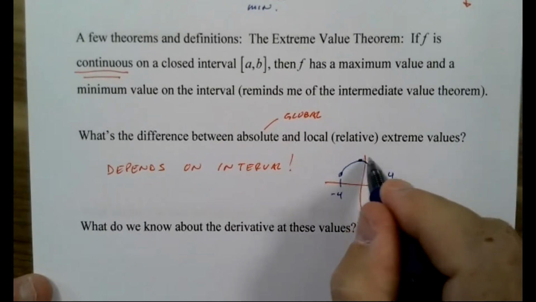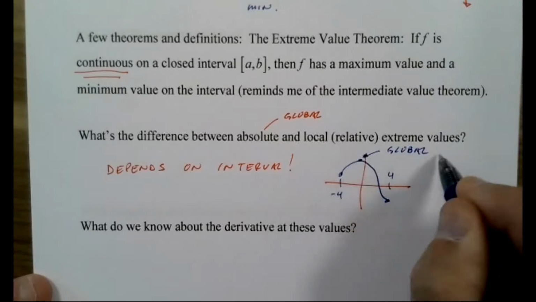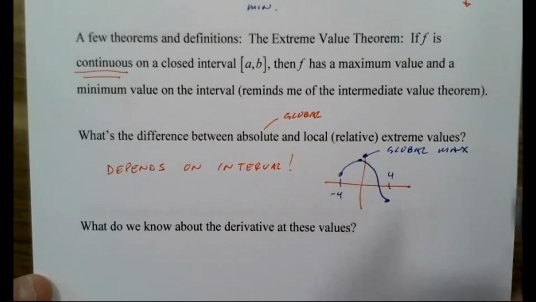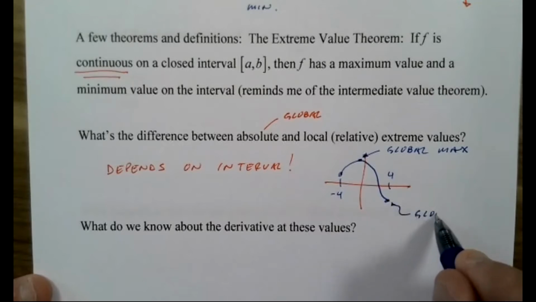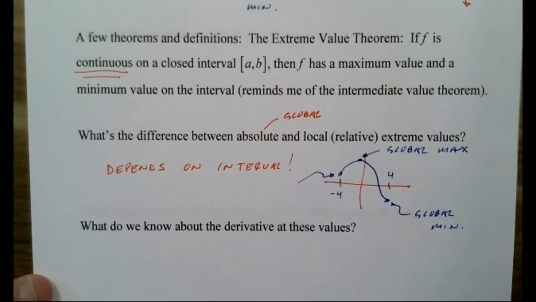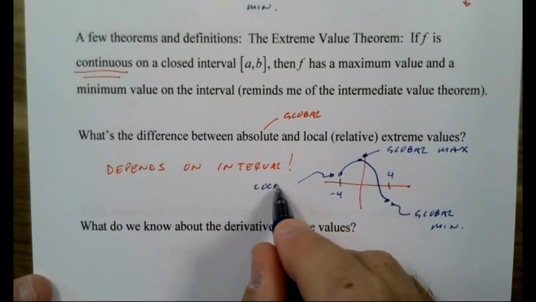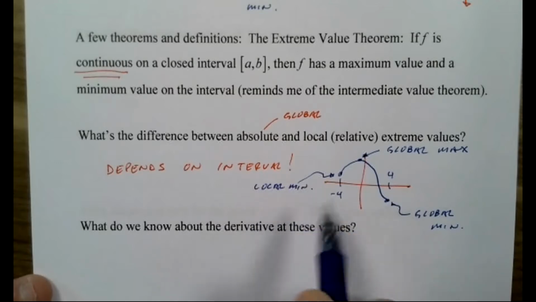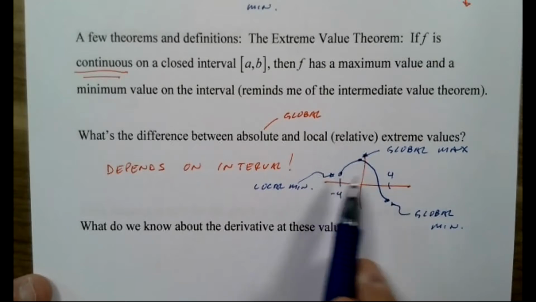Well, this is going to be your global max. And this is going to be your global min. This is going to be a relative, local min. We're not usually going to call that a local min, but it's a minimum because the only way we can go is to the right, and so on.